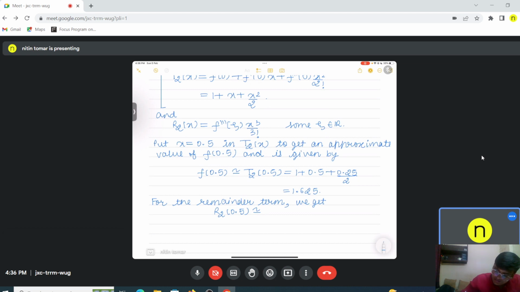So see this part, because the third derivative is e power xi, we can write it as e power xi times x cube by 3 factorial.